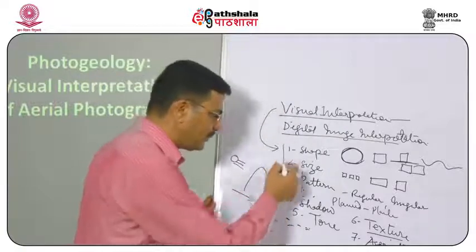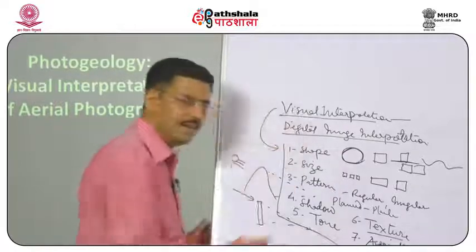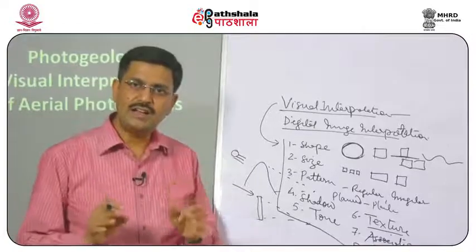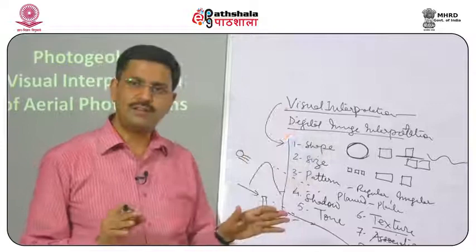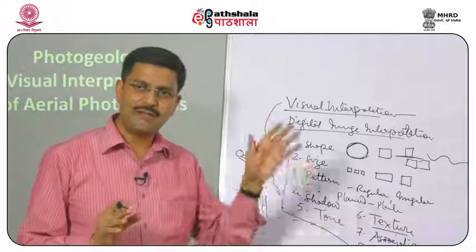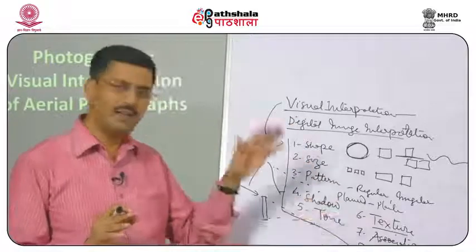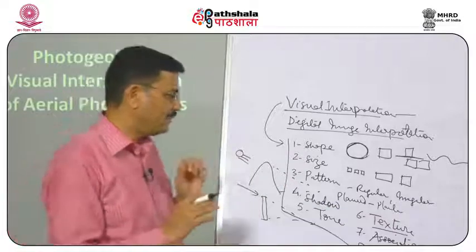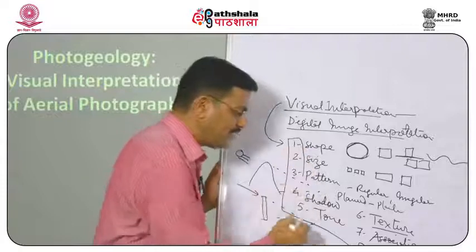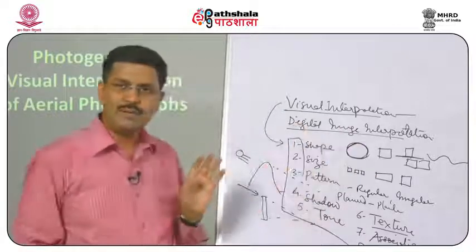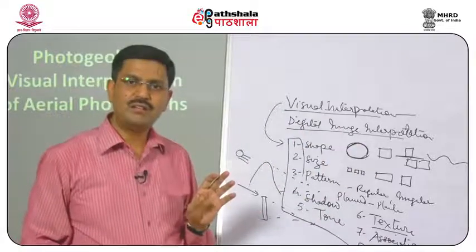So, based on all these 7-8 elements, we visually identify and interpret by using an aerial photograph of any kind, whether it is a colored photograph, black and white, or low oblique, high oblique, or anything. Now, you may be wondering whether we need to take all the elements to identify and interpret any particular object or feature.